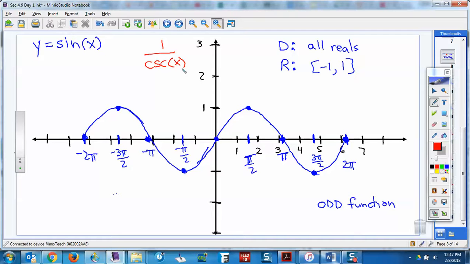And that would give us our cosecant values. Well, let's just use what we've been talking about to do this. So let's start right here. What is the reciprocal of this y value? This y value is what? 1. What's the reciprocal? 1. That's easy. The cosecant graph is going to be at that very same point.